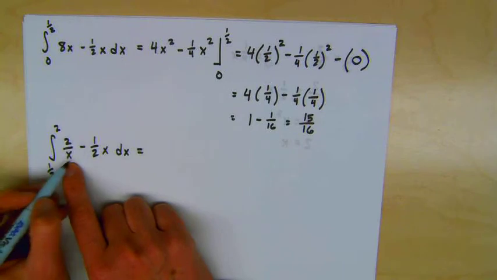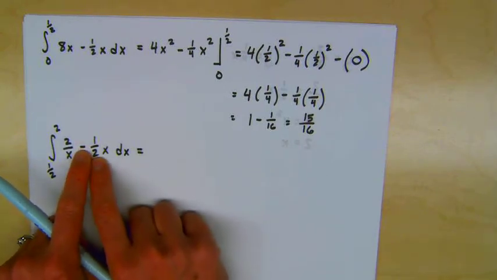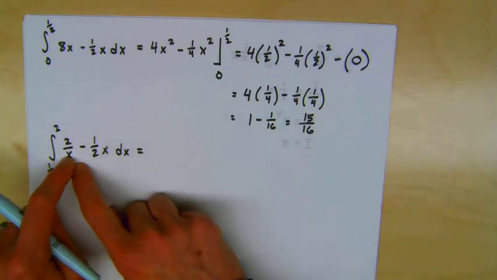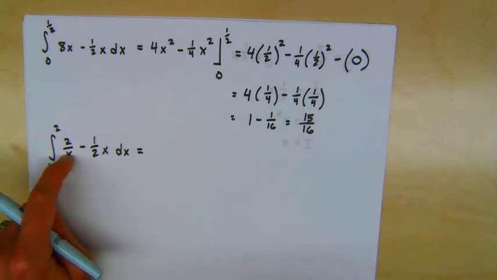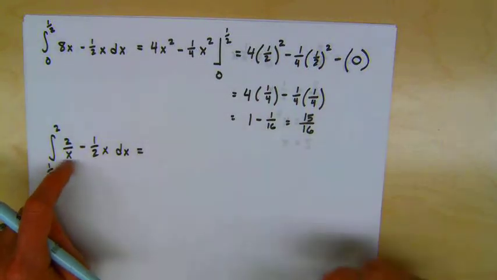So integrating the first term, we can integrate term by term because we're separated by a minus sign. The first term is the integral of 1 over x. If you applied power rule to this, you would see it would be x to the negative 1. We would raise it up to x to the 0. That's not possible.